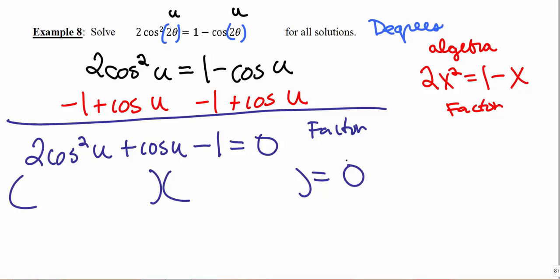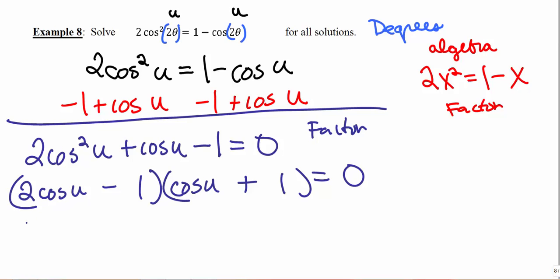It's a trinomial, with 3 terms. So we're going to do 2 cosine of u times cosine u. Then the only values we have for the last term would be 1 and 1, and we need opposite signs to get the negative 1. So let's put a plus here and a minus here. And that should give us the middle term that we want.